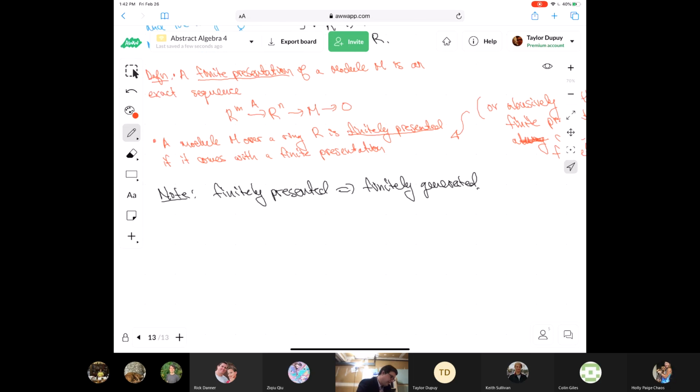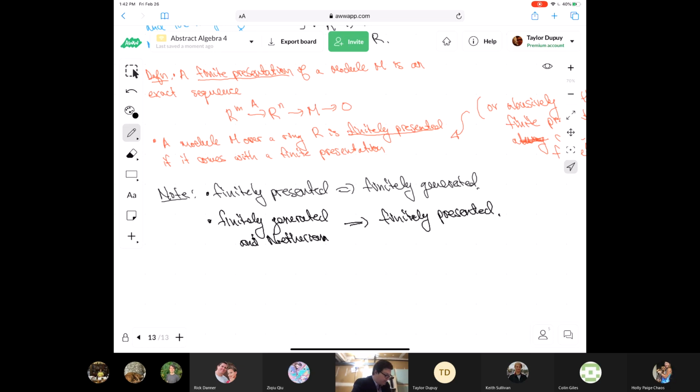Okay, so here is my note. Finitely presented implies finitely generated, and finitely generated in Noetherian implies finitely presented. And here's why I had to make that comment. Finitely generated in Noetherian, I said it's finitely generated, but I didn't give you the generators.